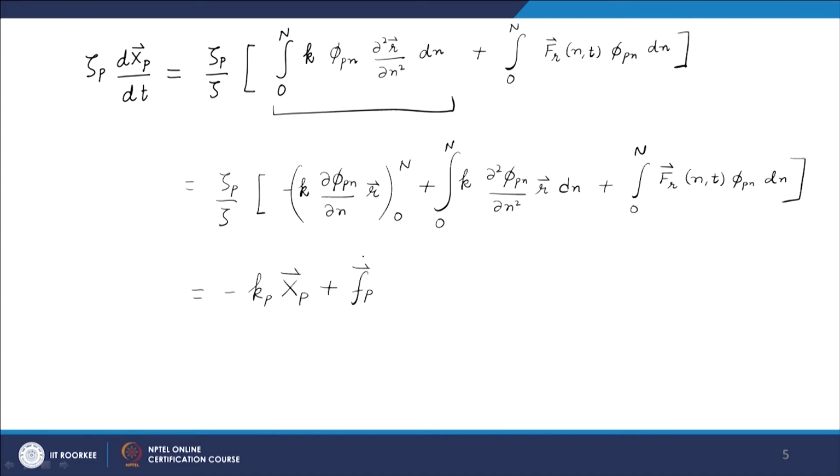This was the original equation we started with. Zeta p dxp by dt is equal to minus Kp xp plus Fp. Xp by definition is 0 to n dn phi Pn r, and Fp I write as it is.